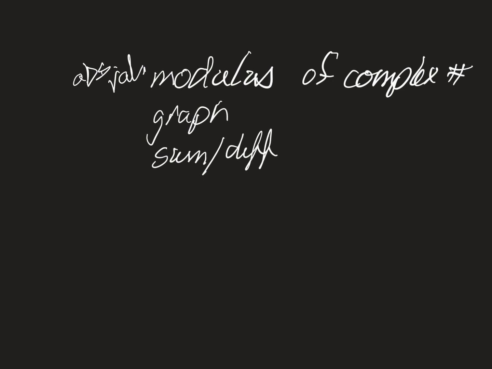Which again is its absolute value. Can you graph a complex number? Can you find the sum or the difference of a complex number on a graph? So if you're using nice graph paper, can you do that? If you can do those three things, you know the essentials of what you need to know mathematically.